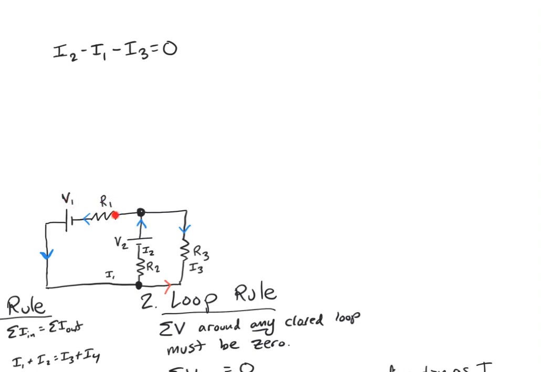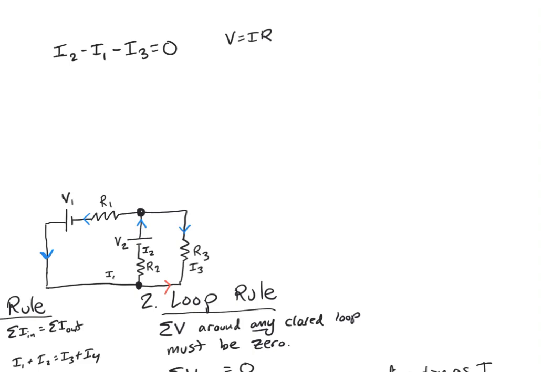I don't know what the voltage across R1 is, and I don't know what the voltage across R2 is or R3. I don't know what the values of the currents are, so there are so many unknowns here. Now, bear in mind that when we're dealing with circuits, we actually have a ton of equations because we have V equals IR for every single one of our resistors. So that immediately gives us 3 equations to use.